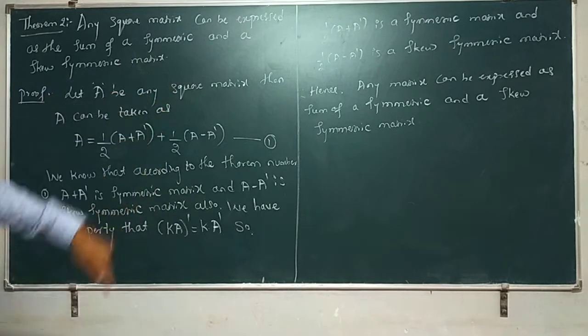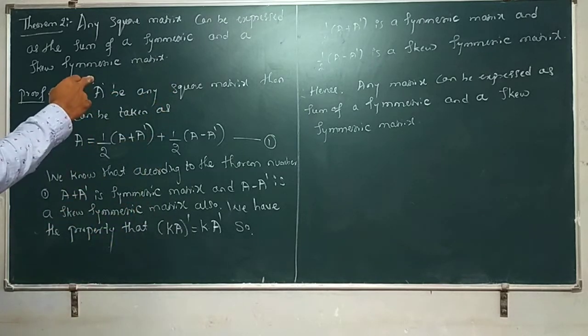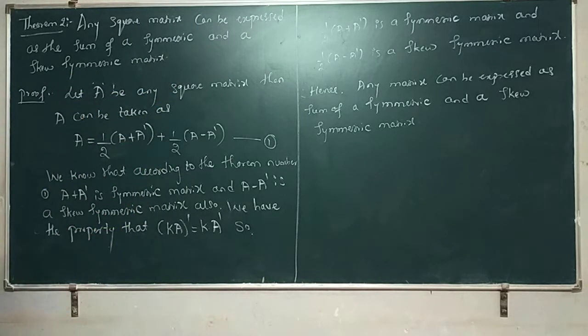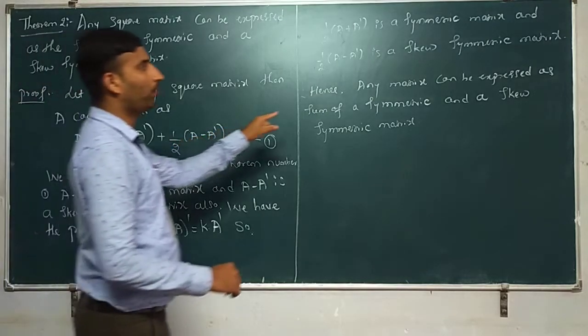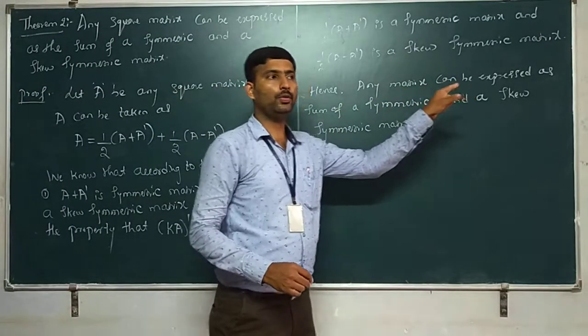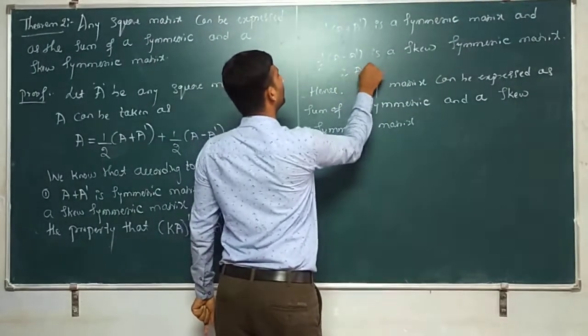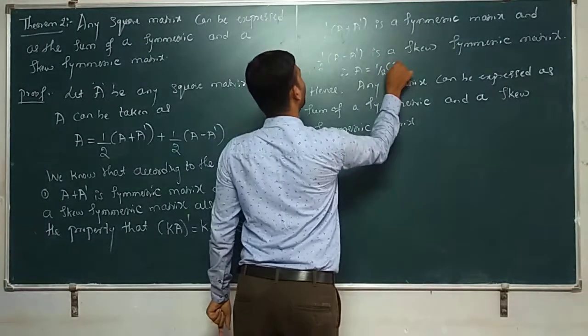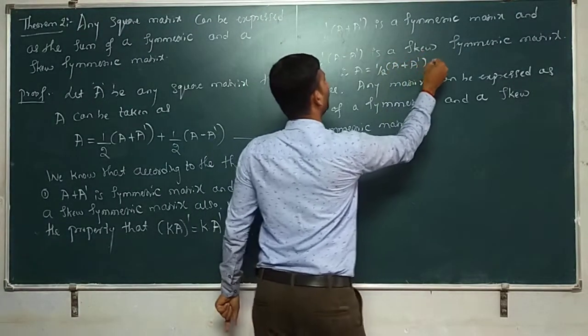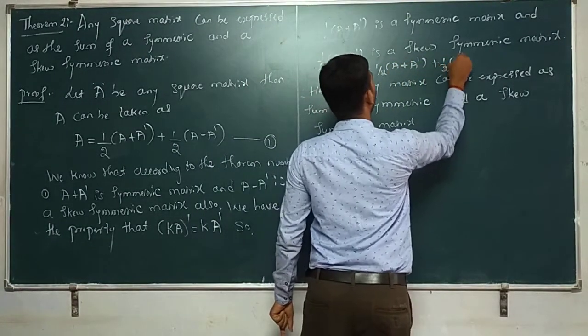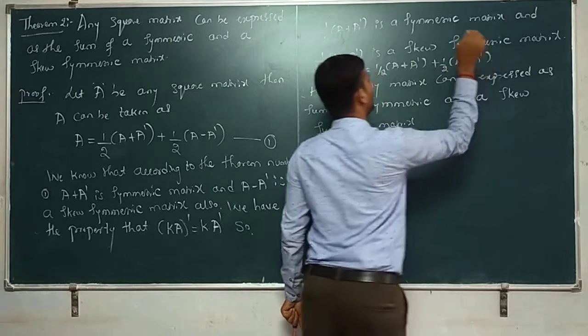Half into A plus A dash is a symmetric matrix, and 1 by 2 into A minus A dash is a skew symmetric matrix. Therefore, A is equal to half into A plus A dash plus half into A minus A dash.